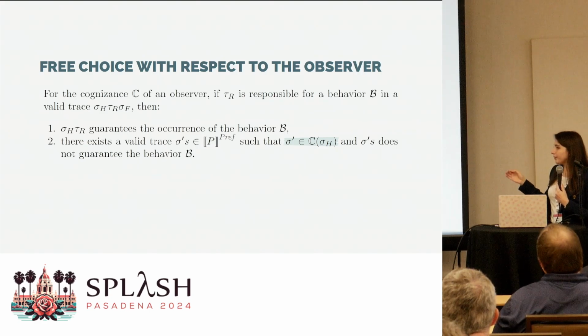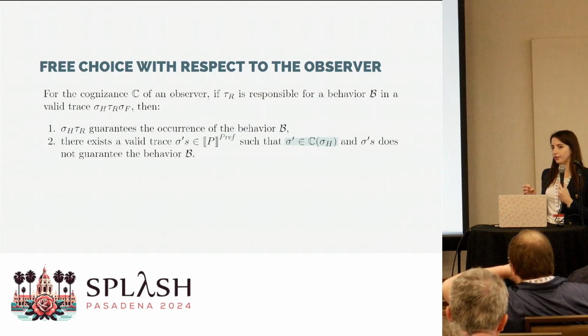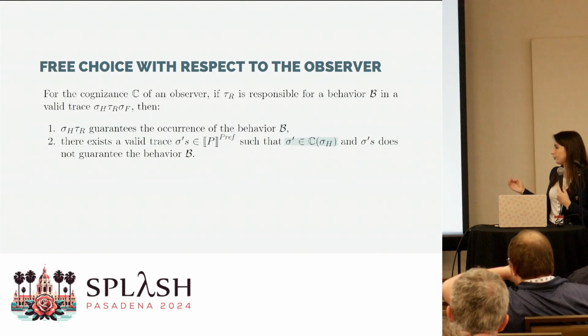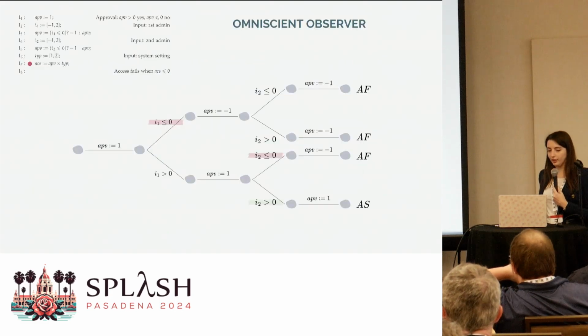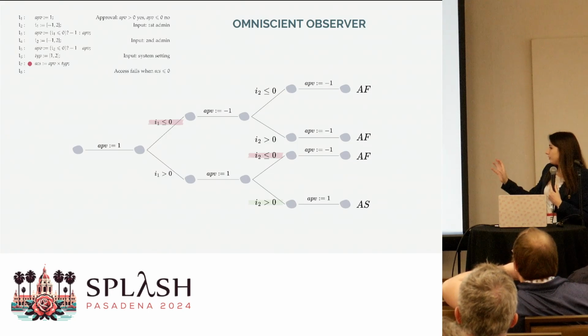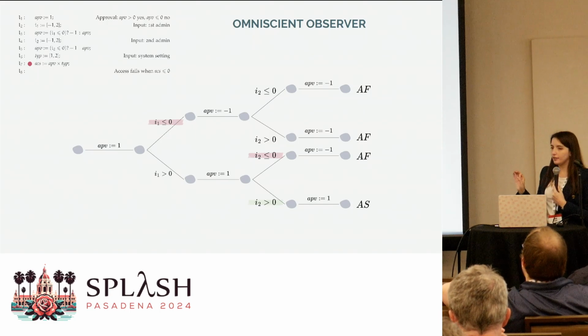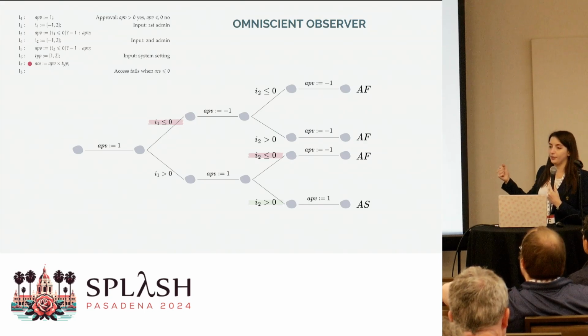This new theorem helps us to identify a new notion of cognizance with respect to the observer, and to show that we recall the access control example. Let's analyze what the actions responsible for our behaviors of interest are with an omniscient observer.